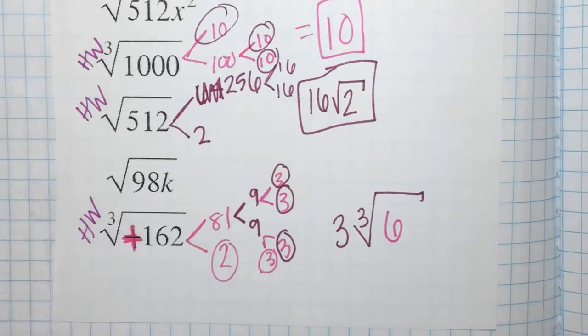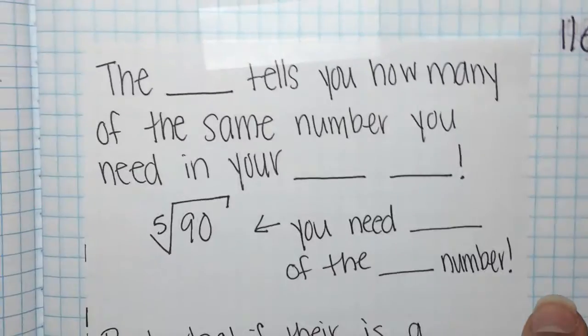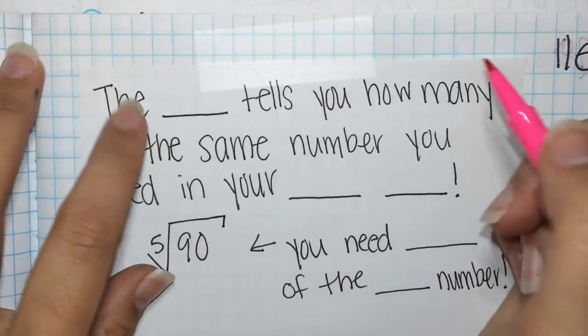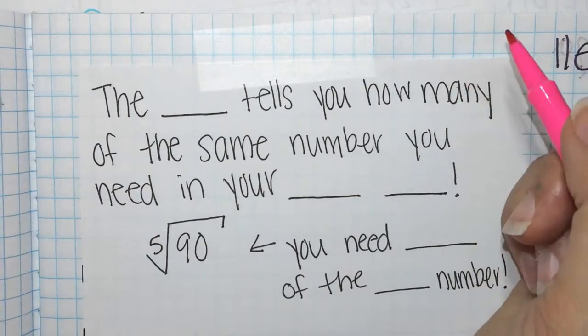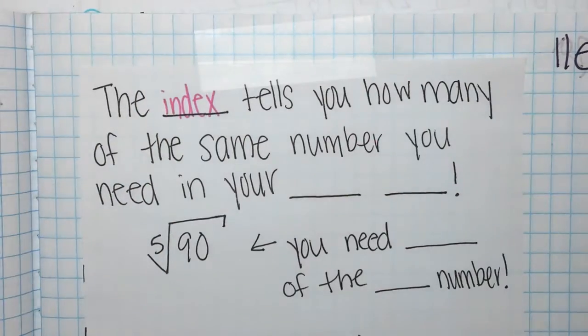Ready? All right. Let's look at page 11E. What tells you how many of the same number you need? What part of our problem? The index. Yes, take a point if you said index.